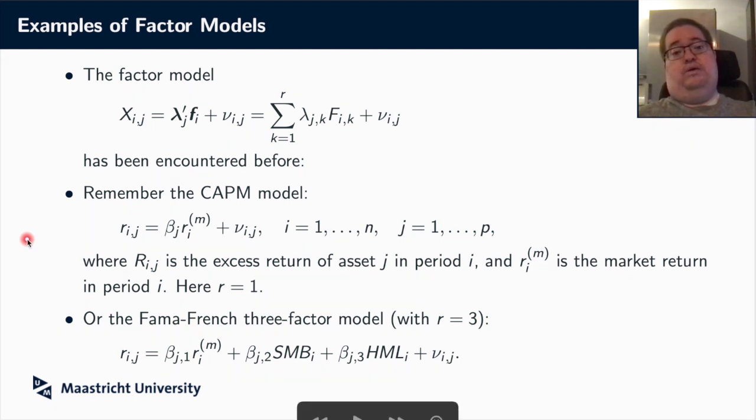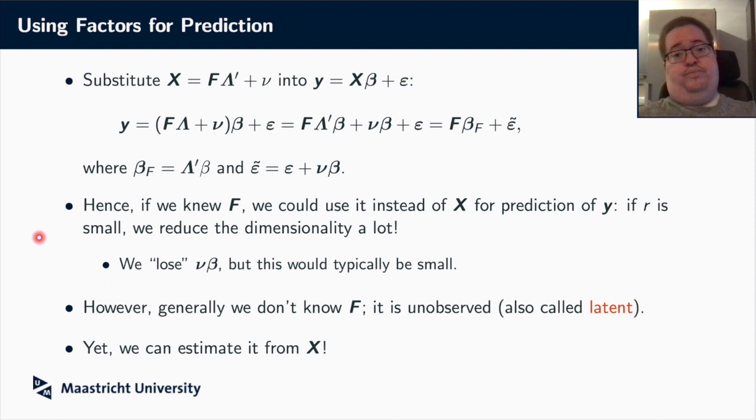Now, of course, the setting that we want to look at is to generalize this and say, well, these factors, we do not assume that they are observed. Now, the goal that we have is to reduce dimensionality. So suppose that we would substitute in our regression for y the expression for x.